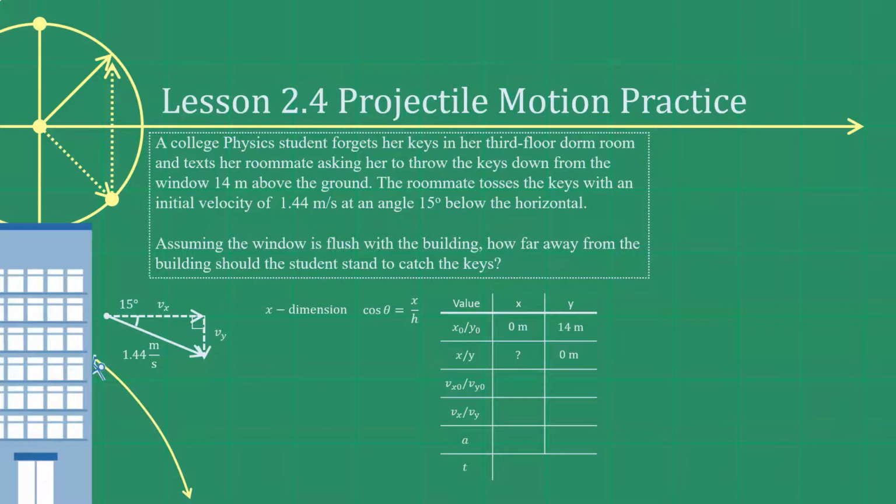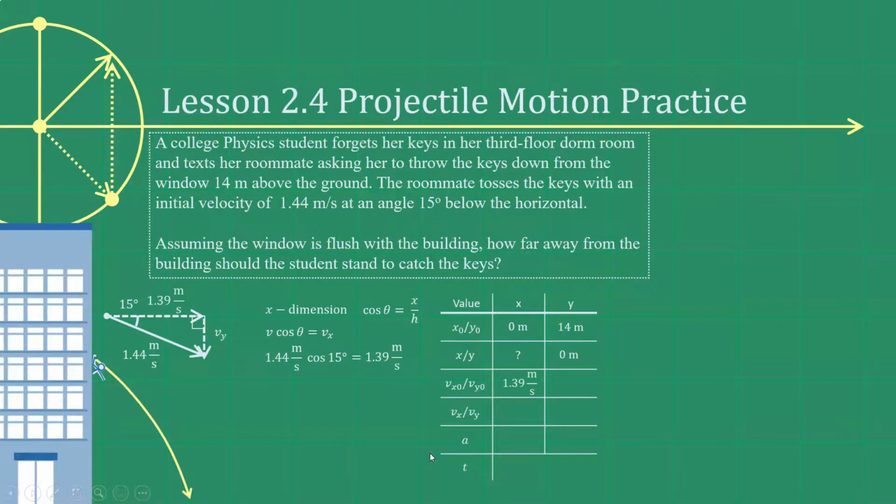And I'm looking for, in the x dimension, the side adjacent to that angle in that right triangle. So I'm just going to plug in the values from the diagram. Again, I'm working with velocity values here. Plug in what I actually know, and then when I punch it into a calculator to solve it, I find that my initial x velocity is 1.39 meters per second. I'll put that value in my diagram, and I'll also record it in my table.